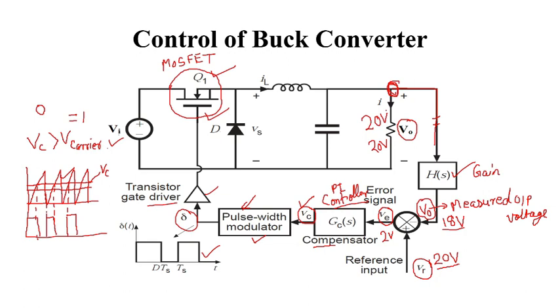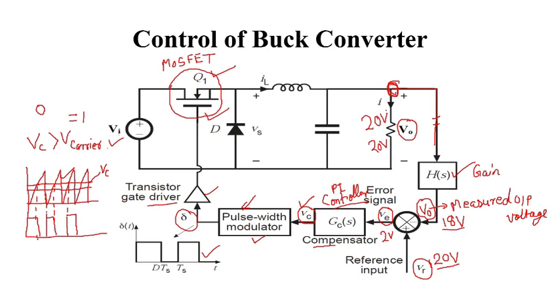After comparing, the pulses are generated, which drive the MOSFET. This is the whole control of the buck converter.